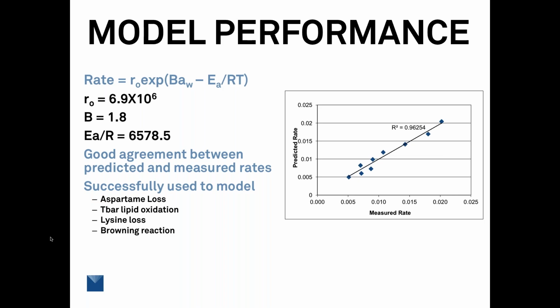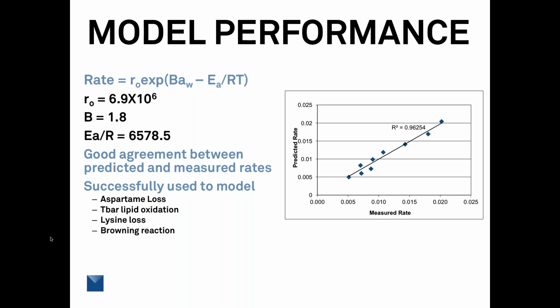And so that's an indication that we're doing a pretty decent job of predicting the rate using our hygrothermal time model. And so we've been able to do this successfully using both existing data in the literature as well as data we've generated for, as I showed, T-bar lipid oxidation, but also aspartame loss.